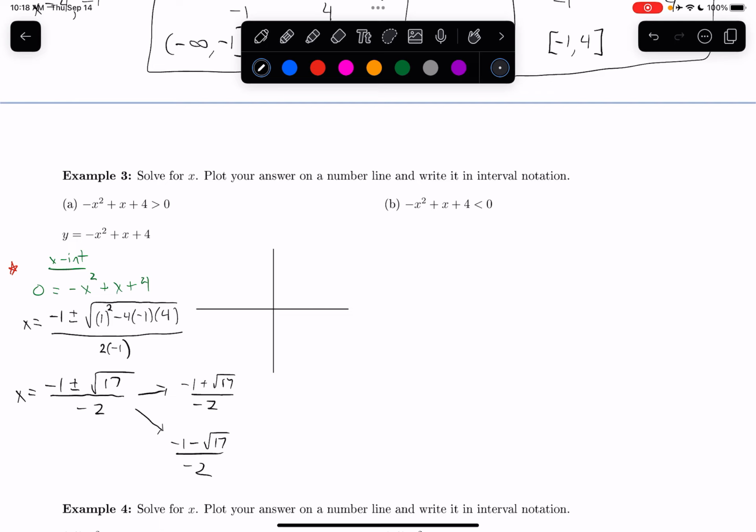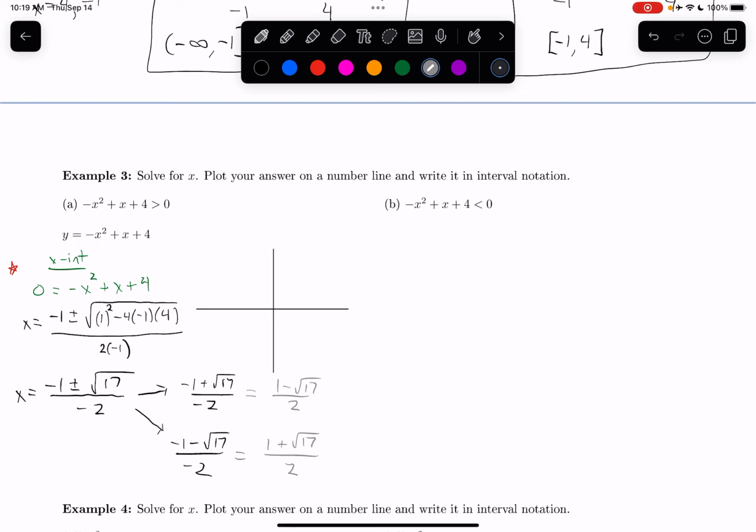The main thing I want to do to simplify this so it looks nicer is, I don't love having this negative sign on the denominator. If I were to move that up to the numerator, it would need to distribute to each of these terms. So that'll give me positive 1 minus root 17, and now it becomes just a positive 2 on the denominator.